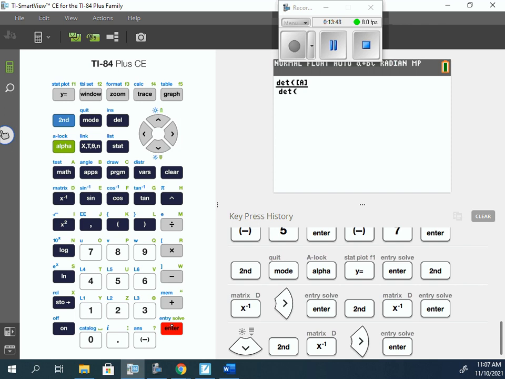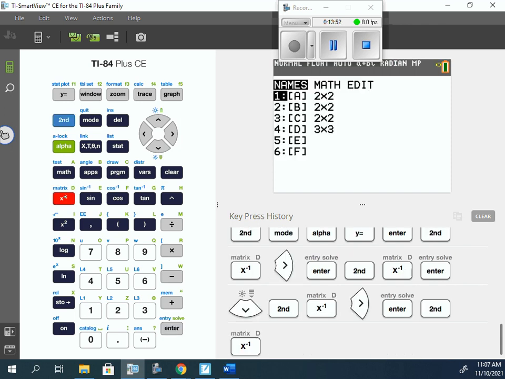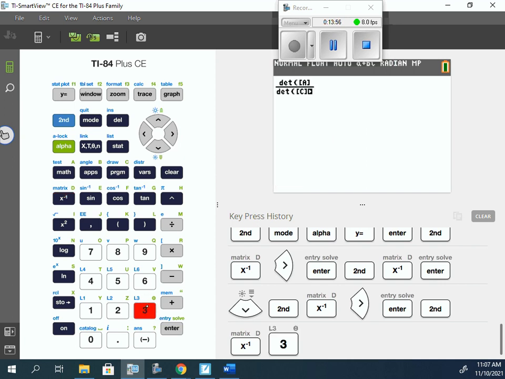Now which matrix do we want on bottom? C. So we can go second matrix and C. And once we get this typed in, we hit enter, and it tells us that the value of x is 4.